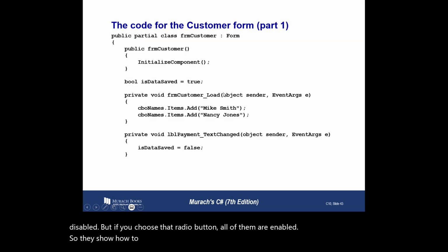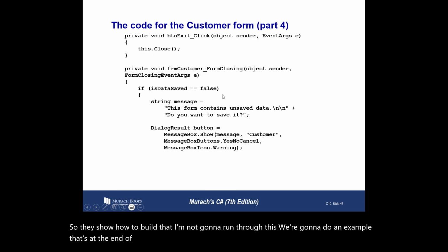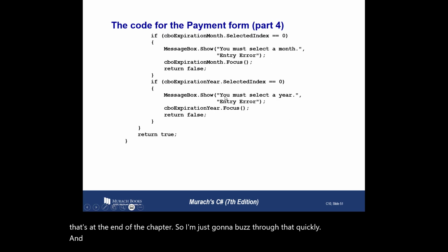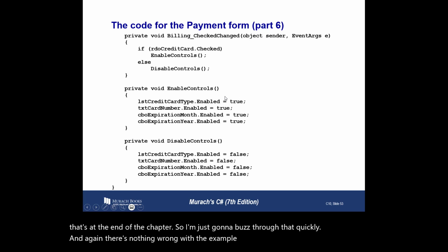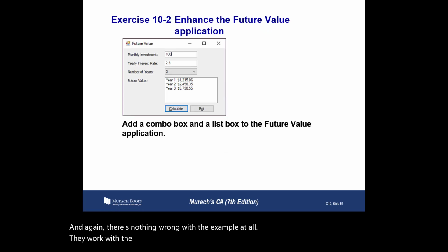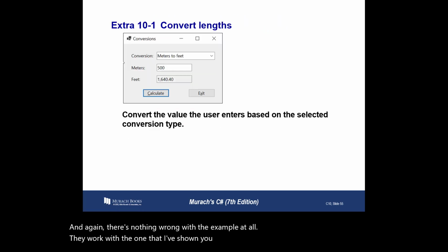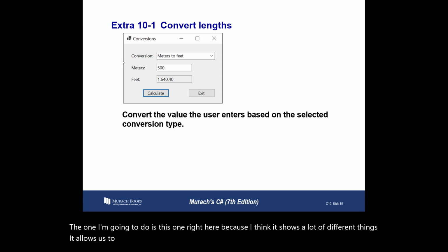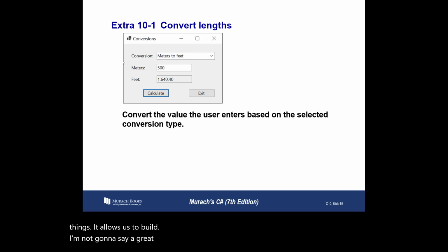I'm not going to run through this. We're going to do an example that's at the end of the chapter, so I'm just going to buzz through that quickly. And again, there's nothing wrong with the example at all. They work with the one that I've shown you previously. So the one I'm going to do is this one right here, because I think it shows a lot of different things. It allows us to build, I'm not going to say a great app, but it's a decent app.